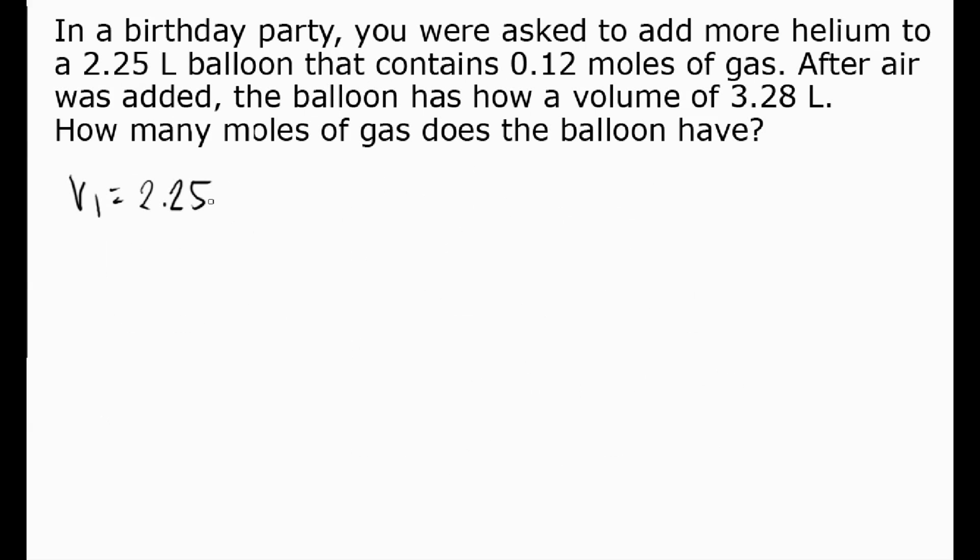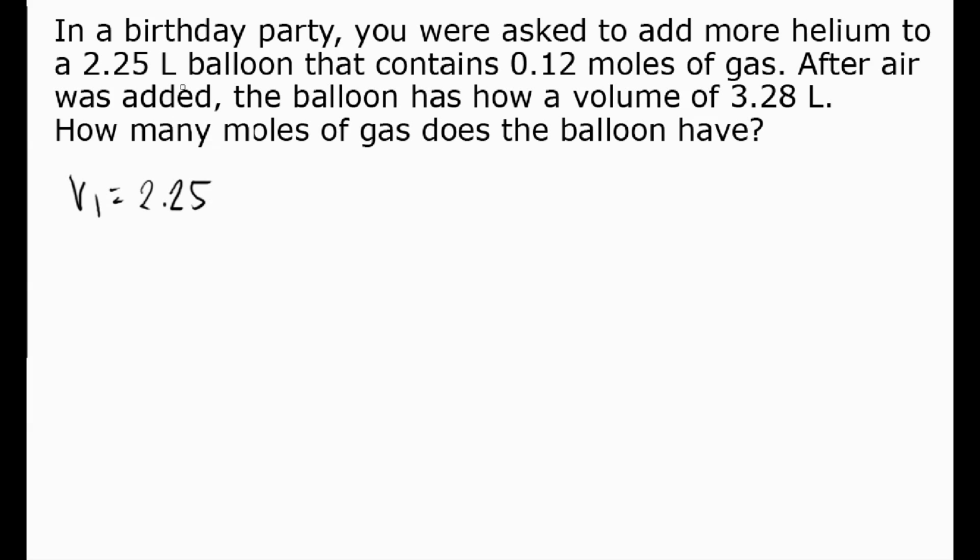So for the last problem, at a birthday party, you were asked to add more helium to a 2.25-liter balloon that contains 0.12 moles of gas. After air was added, the balloon has now a volume of 3.28 liters. How many moles of gas does the balloon have?